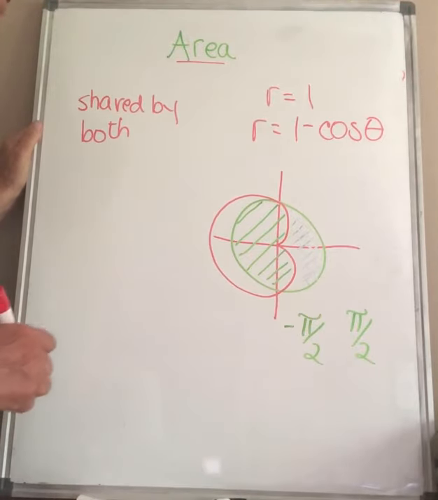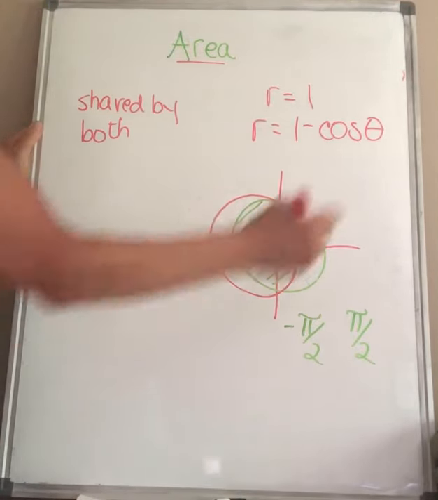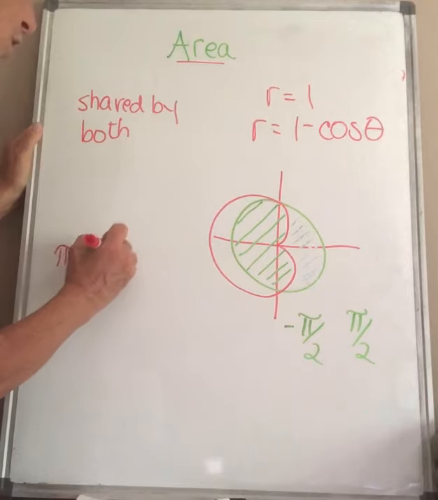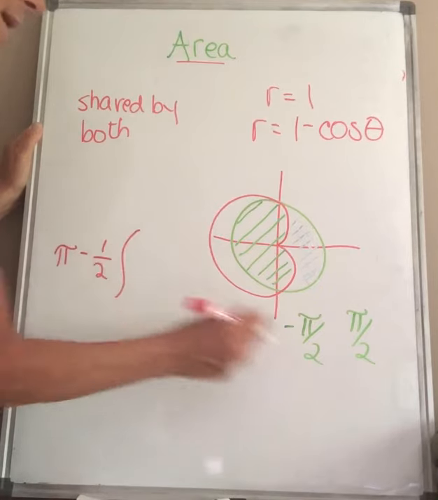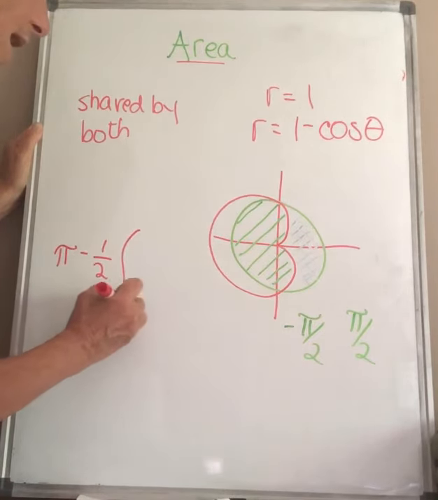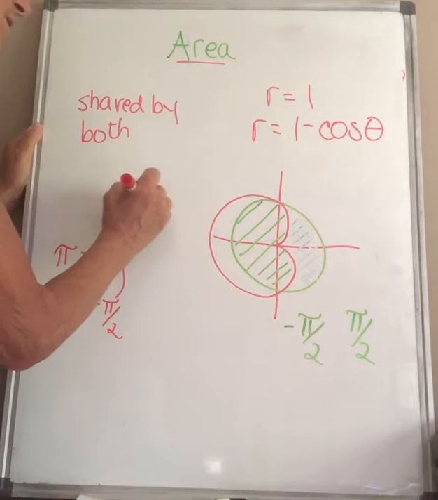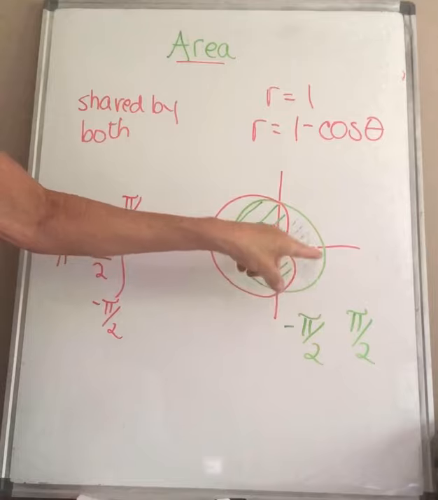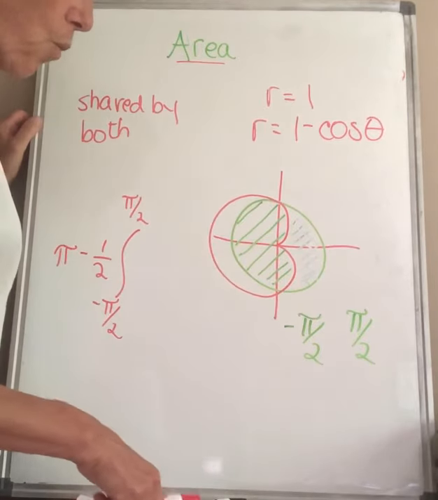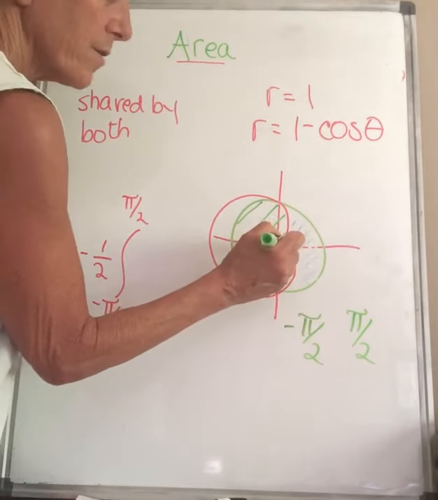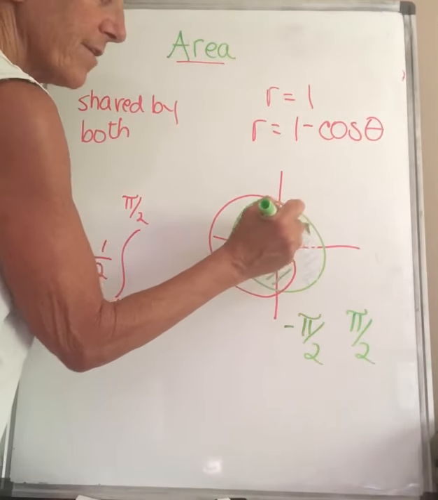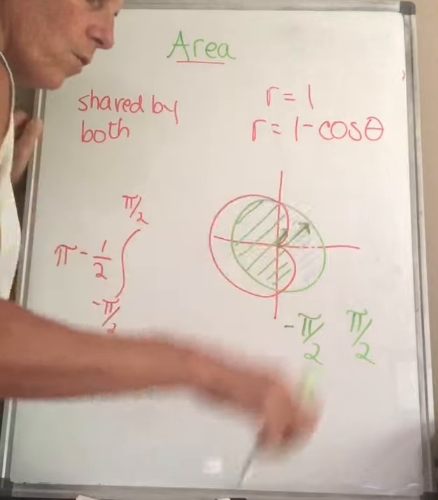So the region that's shared by both would be the area of the green circle, which is pi, and my radius squared is just 1, minus 1/2. My bounds are negative pi over 2, positive pi over 2. Remember, it graphed that piece right there. So when I'm drawing in my r's, this is one of them right here, and this is one of them, a very small one right here.